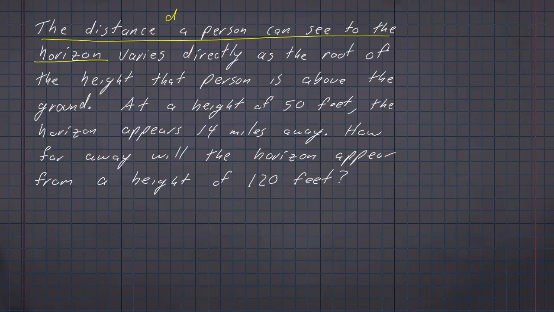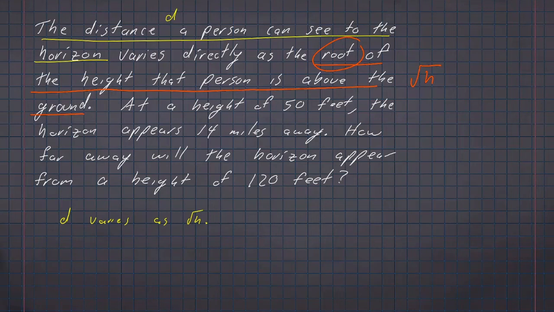And d varies directly as the root of the height that person is above the ground. It is a height, we will call it h, and we want the root of that height, so not just h, but square root of h. So what we're really looking at is d varies as square root of h.